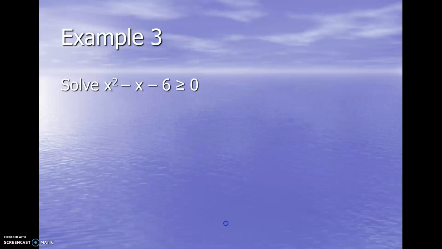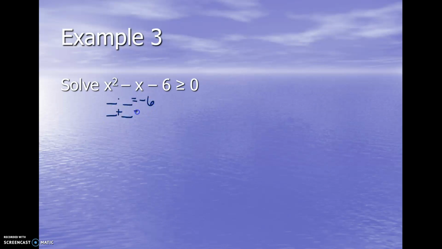Next, we're going to go to number 3. Very similar. We need to solve. It's not really solving, it's finding the critical points, but whatever. We need to factor to find those critical points. So we are looking for two numbers that multiply to give us negative 6.